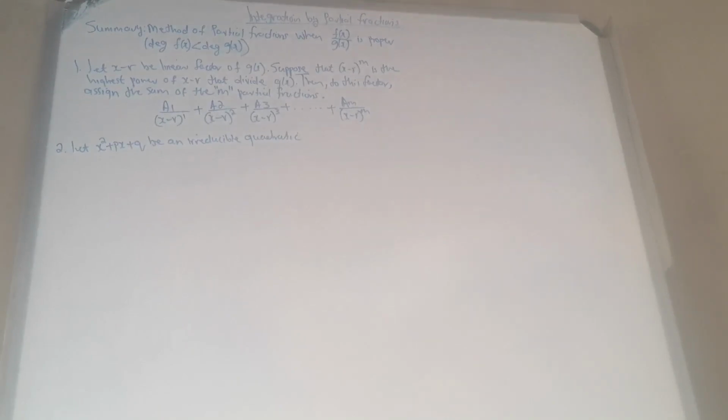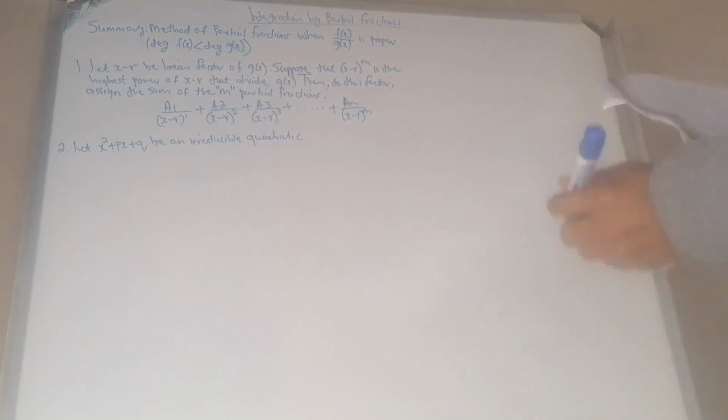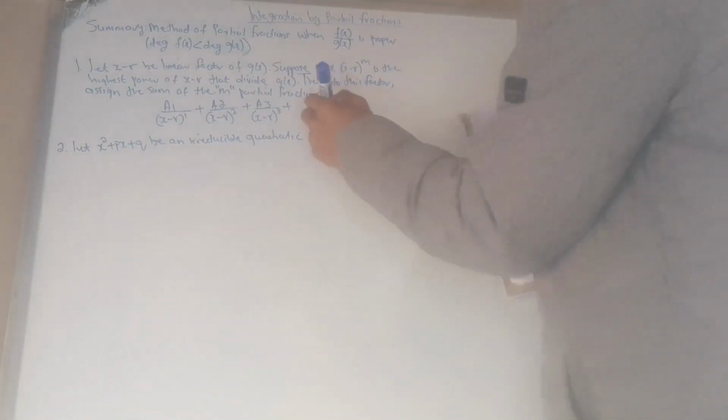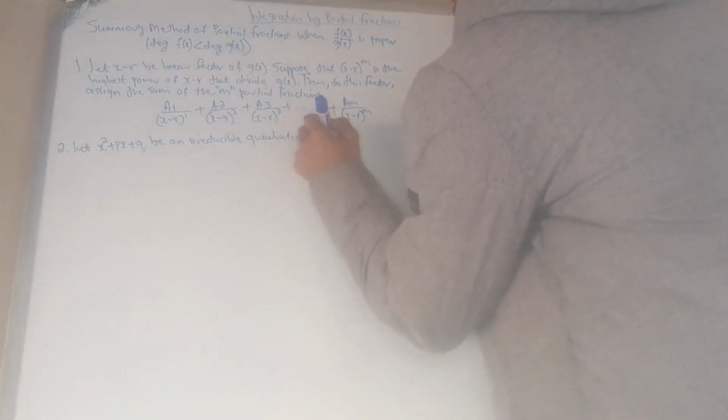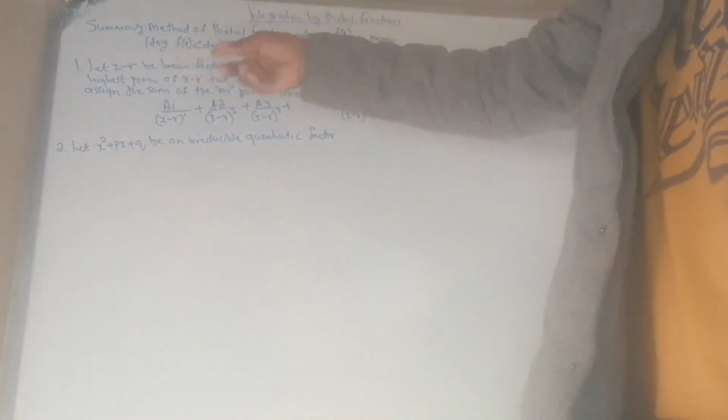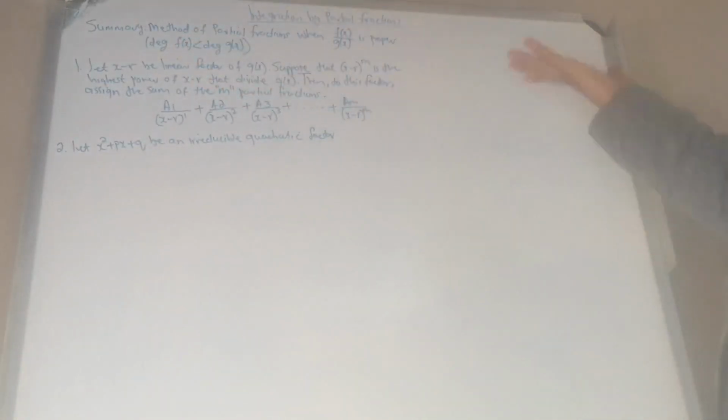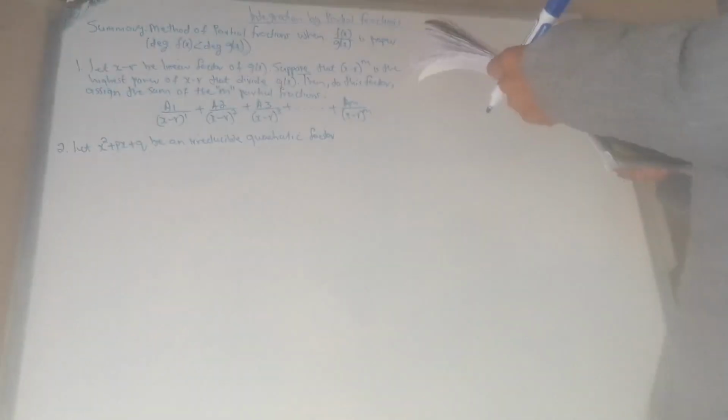Okay, I will assume that things are a little bit better. So I can let x squared plus px plus q be an irreducible quadratic factor, just as I have let x minus r be a linear factor. The same thing I will do for this statement, just trying to show you exactly what this really means.